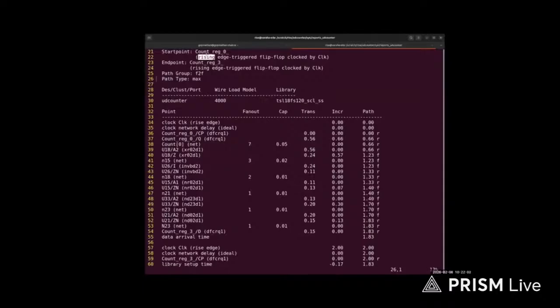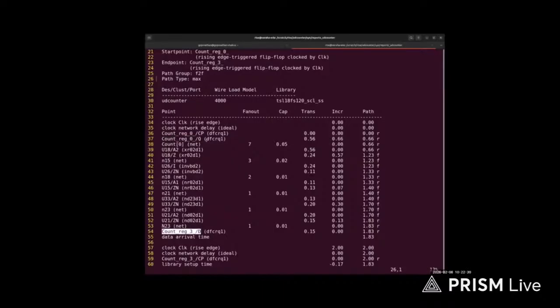And this is the destination flip-flop, your end point. The path starts from the Q pin, the output of the source flip-flop, and ends at the D input of the destination flip-flop.